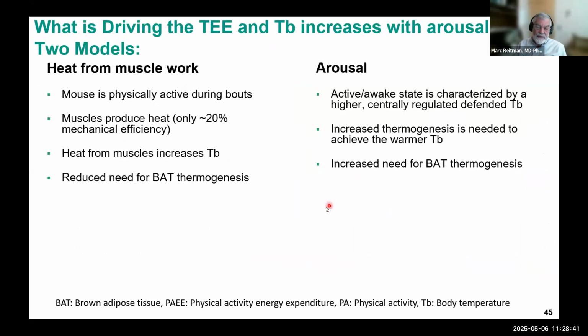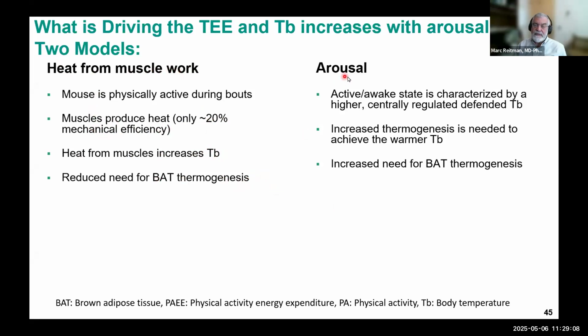So we came up with two models. One is that physical activity, the heat from muscle work, is doing it. So muscle is doing work, increasing energy expenditure, generating heat. And since muscle is only about 20% efficient, of all the mechanical production, there's another 80% of energy production and thus heat. And so maybe the heat from muscles is increasing temperature, increasing energy expenditure, and that would indicate a reduced need for brown adipose thermogenesis.